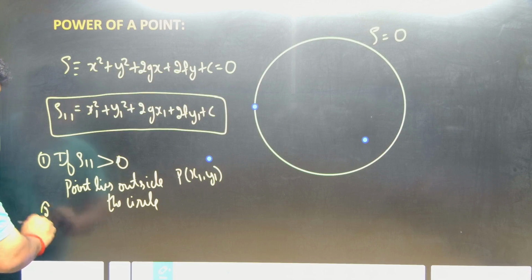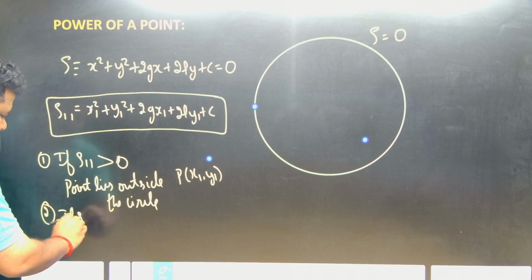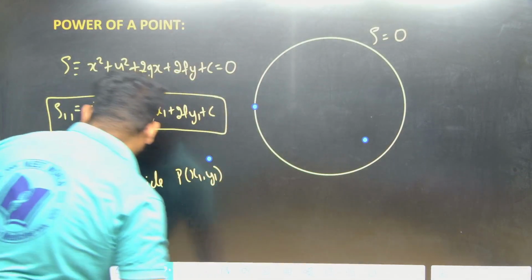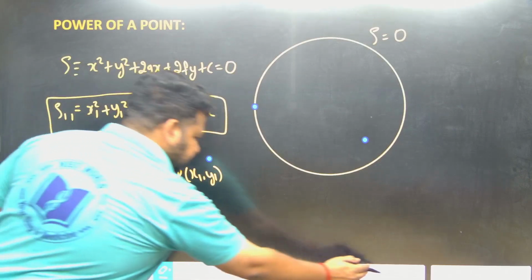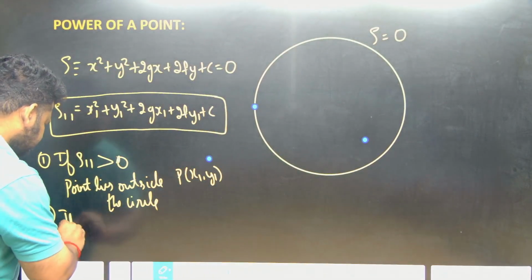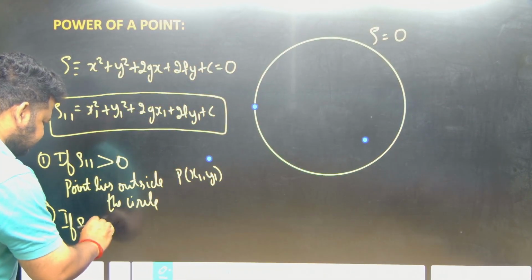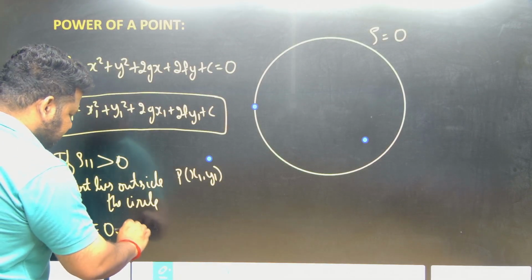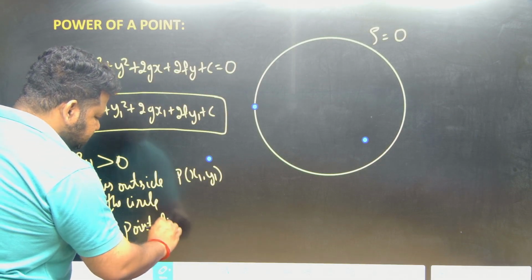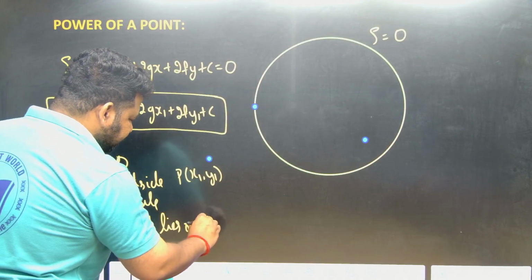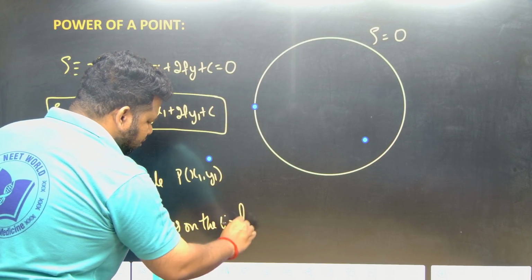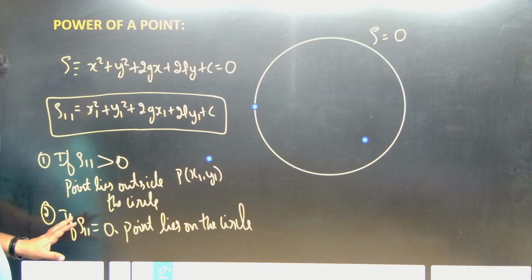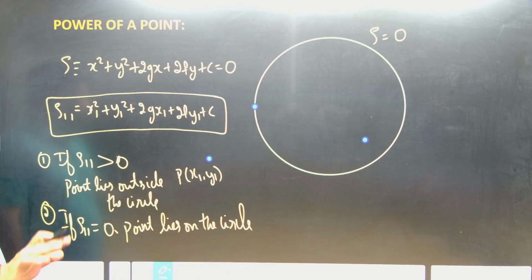Next thing, if S11 is coming exactly equal to 0, then the point lies on the circle, exactly on the circle.